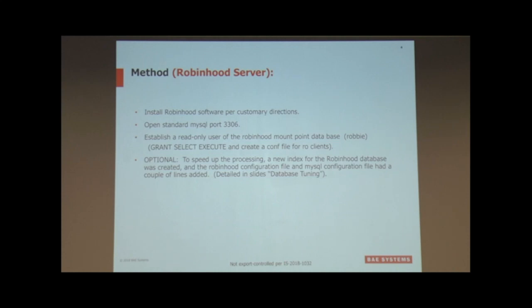The first thing you need in order to make this work is to have a Robinhood server on your Lustre file system. So you go about installing the Robinhood software in the usual and customary manner. You have the web server capable. You install the database. You have a database port. We used the standard 3306. Then what we did that was a little different was we established a read-only user on the Robinhood database. We just called ours Robbie.